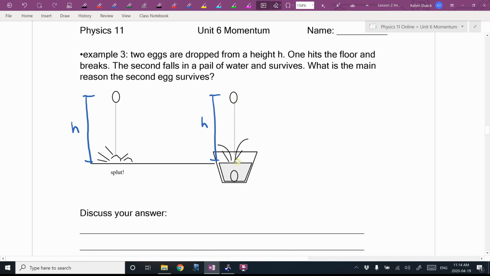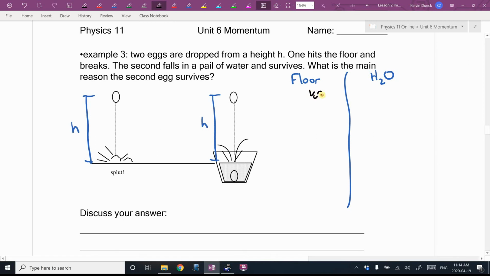The second egg falls in a pail of water and survives. What's the main reason the second egg survives? Now, this is a deeper question than you realize. I'm going to do a little floor, water.